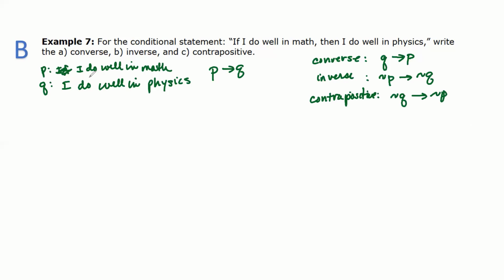So we're given, if I do well in math, I do well in physics. And so our converse is switching the order. If I do well in physics, then I do well in math.